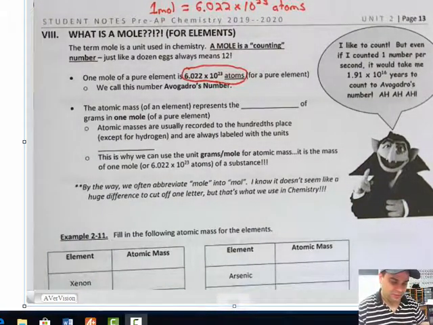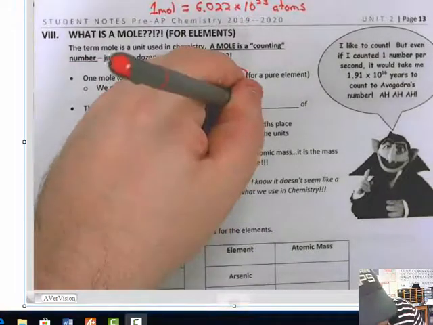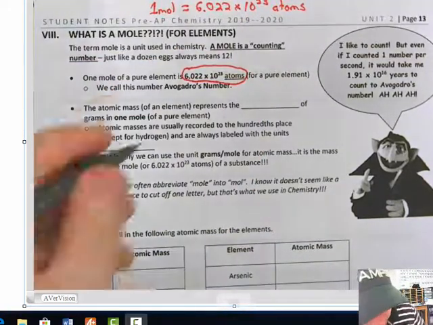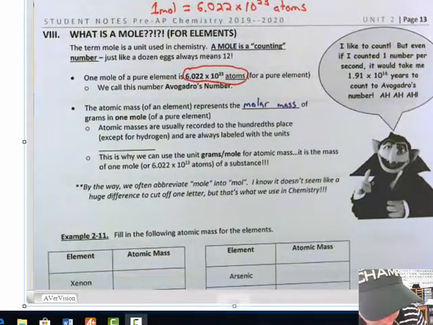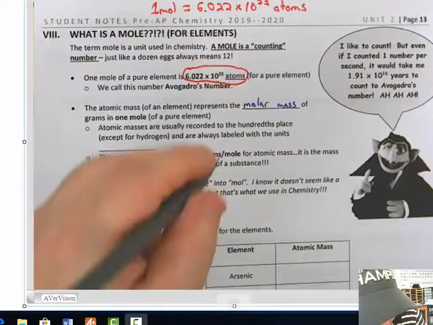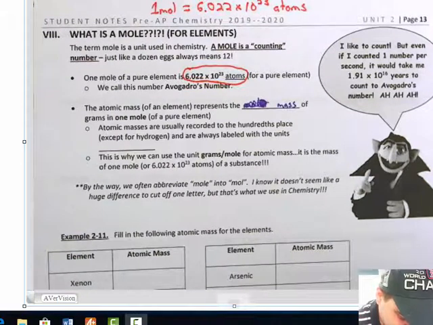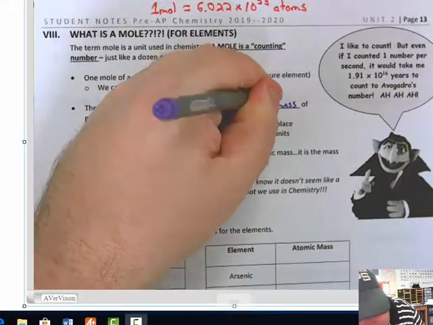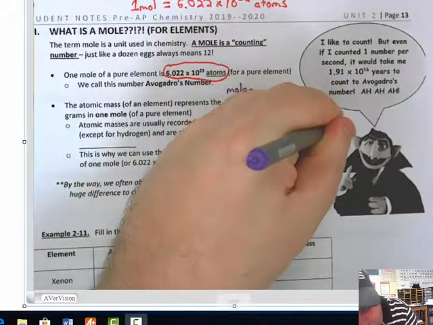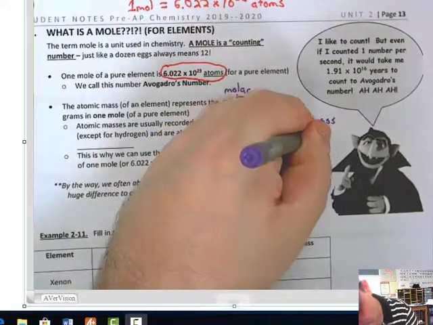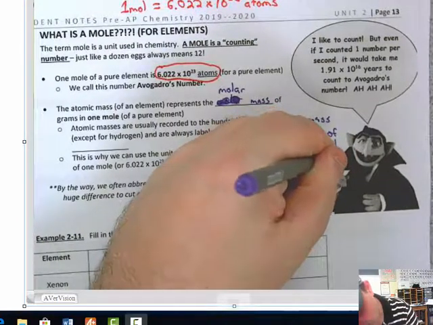The atomic mass of an element represents the mass in grams of 1 mole of pure element, so let's go with molar mass, because molar mass is defined as the mass of 1 mole of substance.